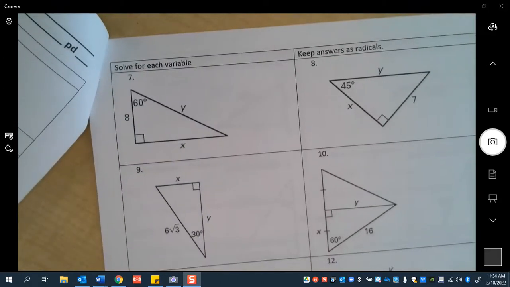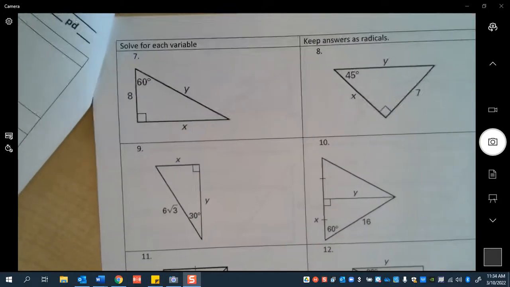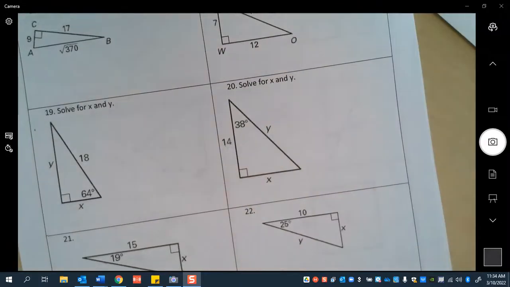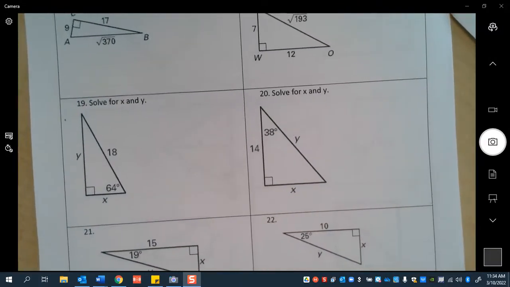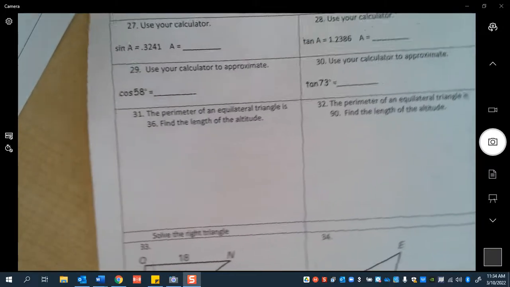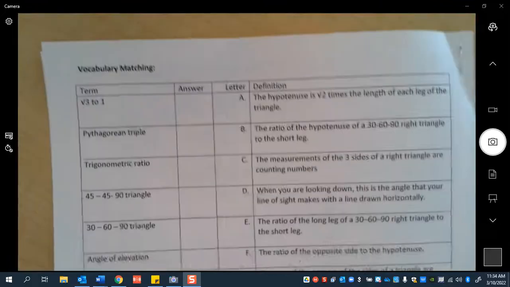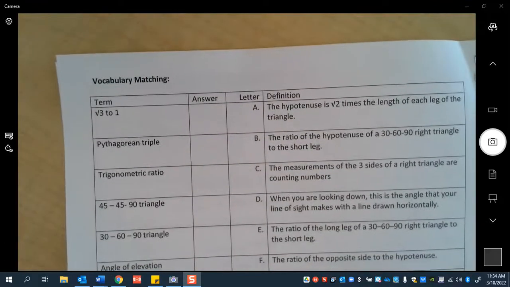looking at your special right triangles, solving for the missing value, using your trig ratios to solve here. So this packet, along with the vocabulary, is designed for you to be able to get through this class period.